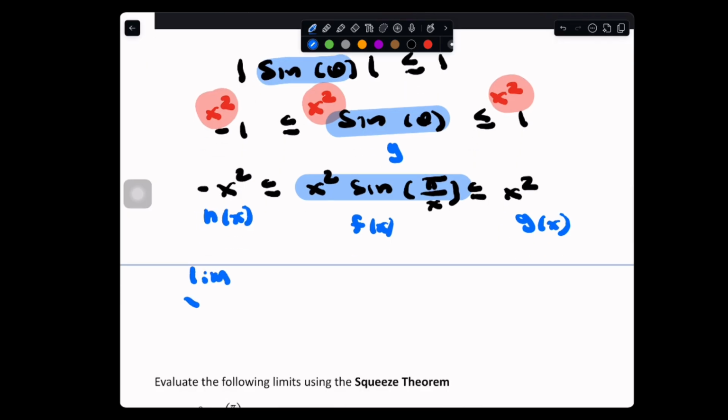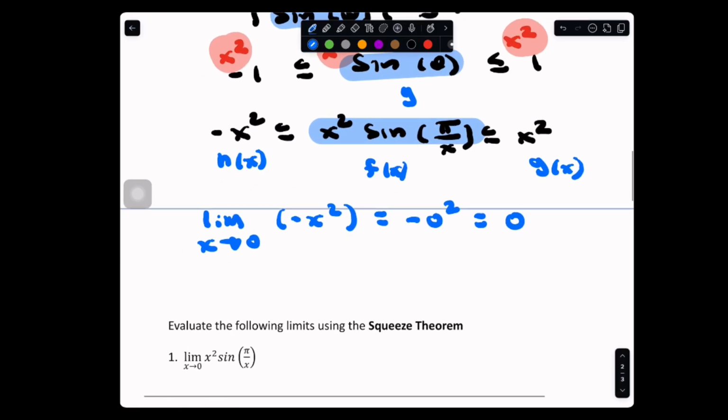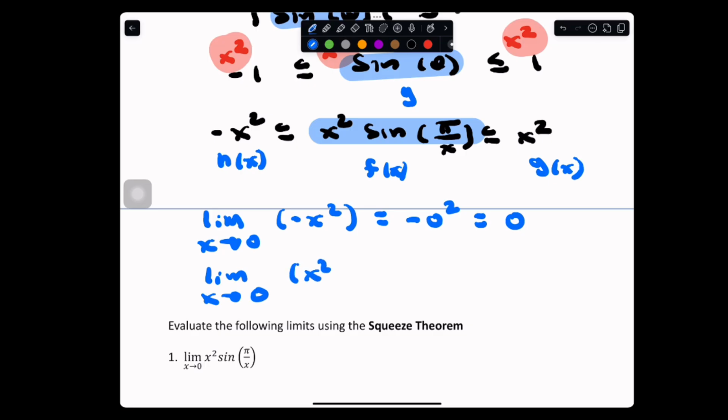What's the limit as x goes to 0 of negative x squared? Well, that's negative 0 squared, which is 0. And what's the limit as x goes to 0 of positive x squared? Well, that's 0 squared, which is 0.